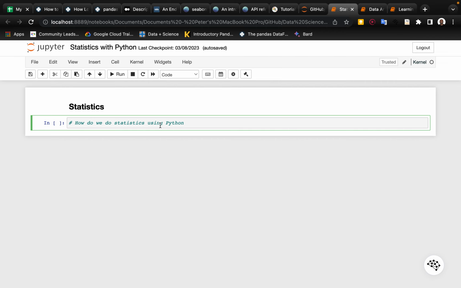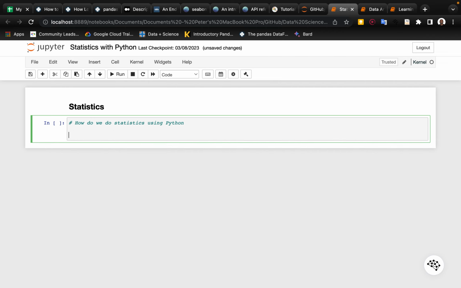We would also look at the fundamentals of statistics. Of course, we'll also use Python functions and methods to make it clear.